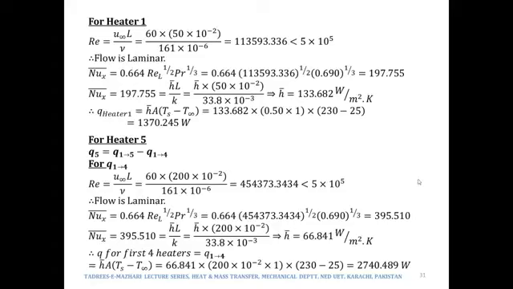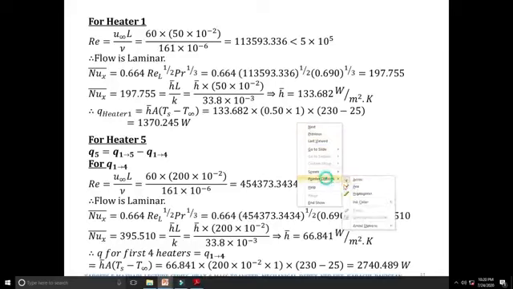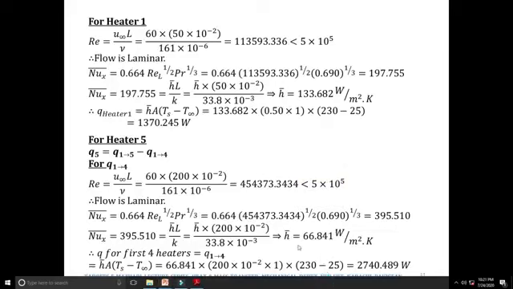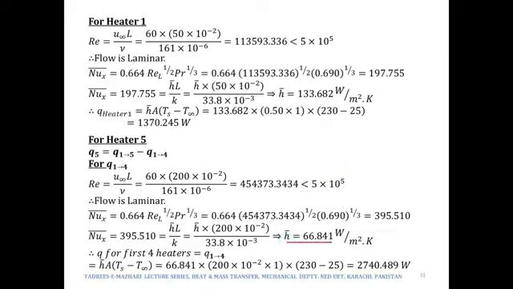And if you compare it with this value of H bar, which was 133.6, see why we see the difference. This is the average convection coefficient over the first plate only, while the same laminar flow is continuing on the second heater, the third heater and the fourth heater, so H would continuously be on a decline.